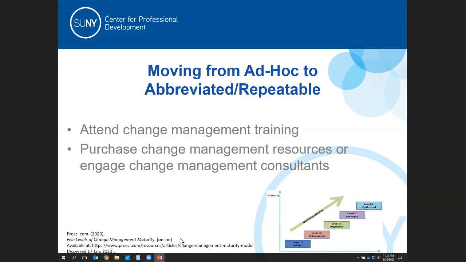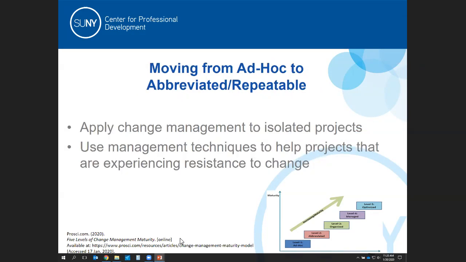Another way that you can move from ad hoc to abbreviated repeatable, next slide, would be to apply change management to isolated projects. So take a specific project that is in your portfolio now and apply some change management to it.